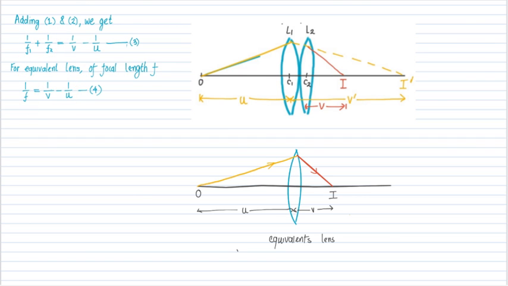So comparing equation 3 and equation 4, we get 1 by f equals 1 by f1 plus 1 by f2.